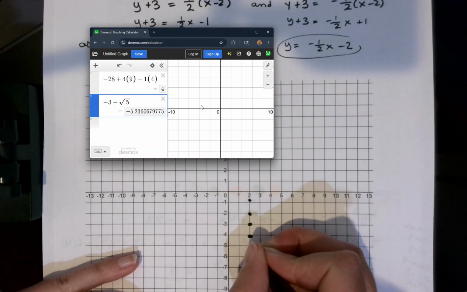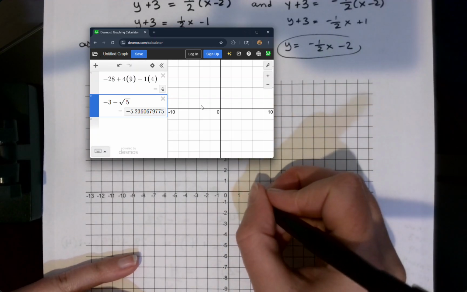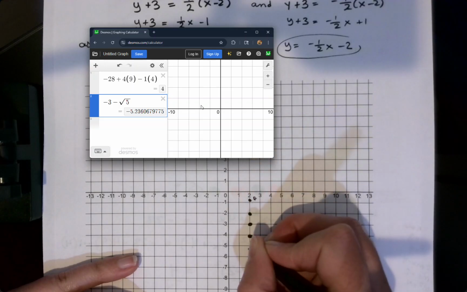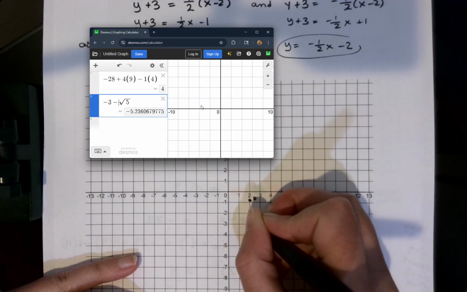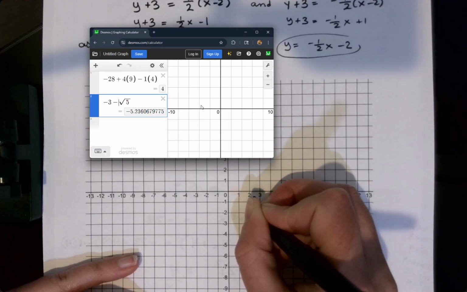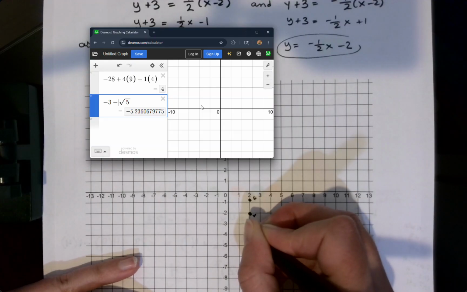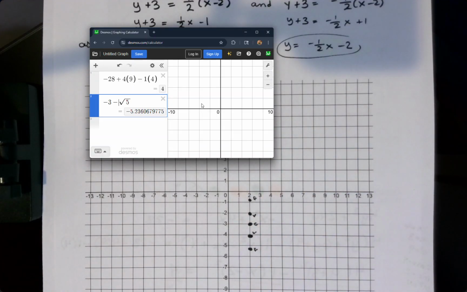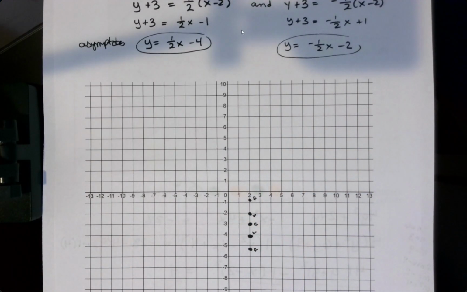It would have been down at -5.2. So there. All right. So I'm just going to label these F for foci, C for center, and V for vertex, just for myself. Hopefully once I draw the rest of this graph, it'll be easier to tell which these points are. But I want to make sure I can go back and find them.